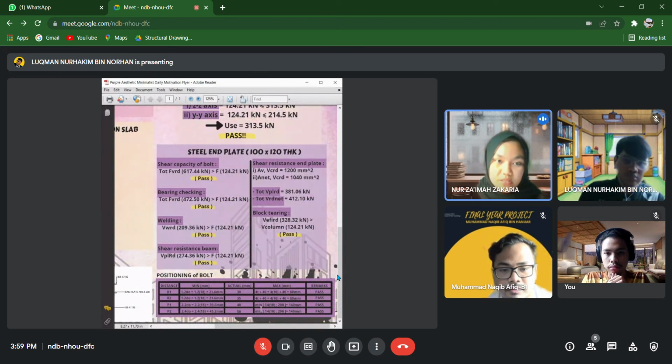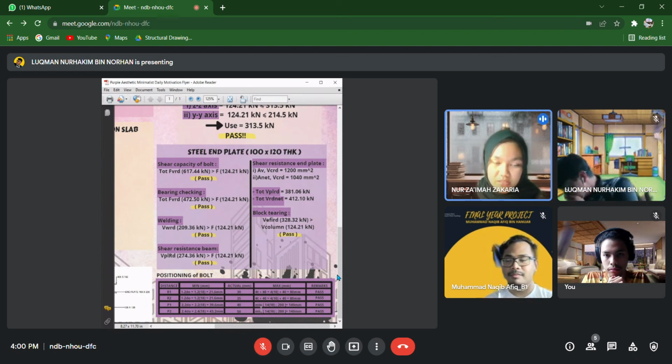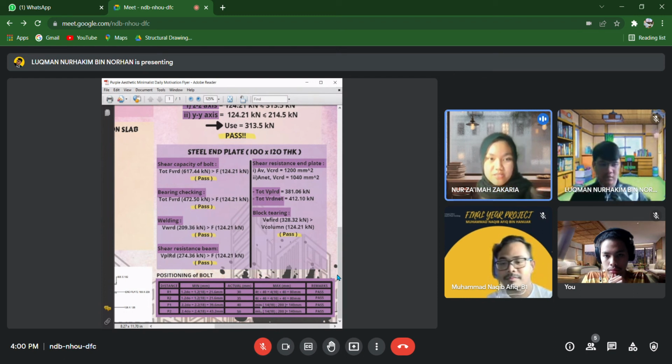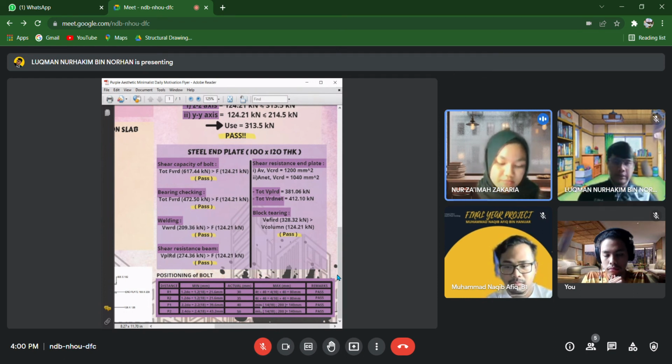For the welding part, VwRd is bigger than the shear force, 209.36 kN bigger than 124.21 kN, and it also passes.